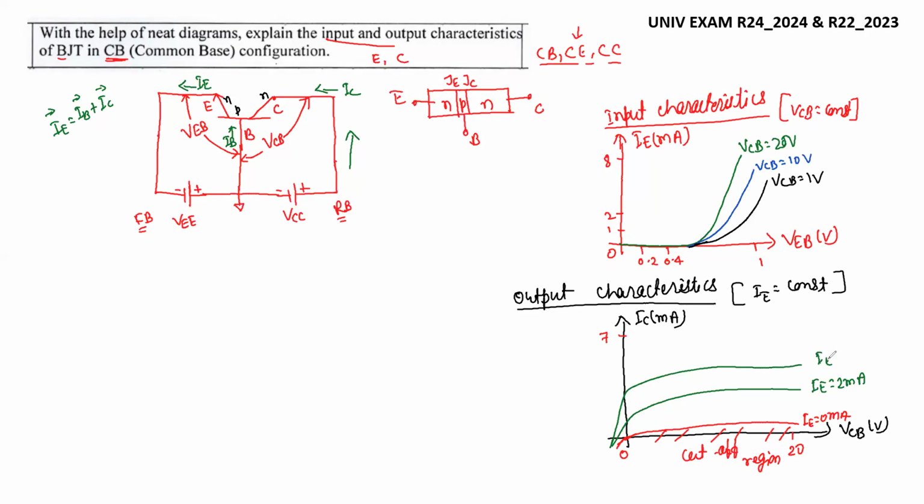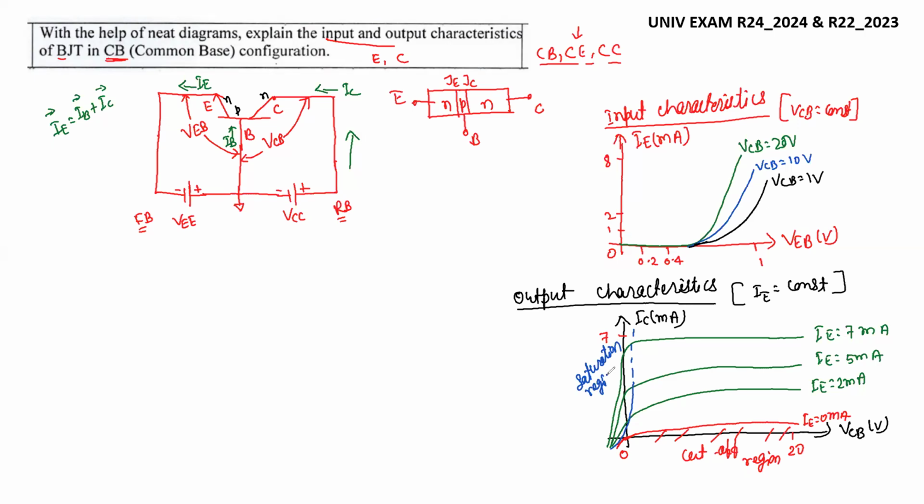Suppose we have 5 milliamperes. Again, we have an emitter current, and here it is going to be straight. This is all the saturation region. The emitter current we have taken as 7 milliamperes. So this is called the saturation region.